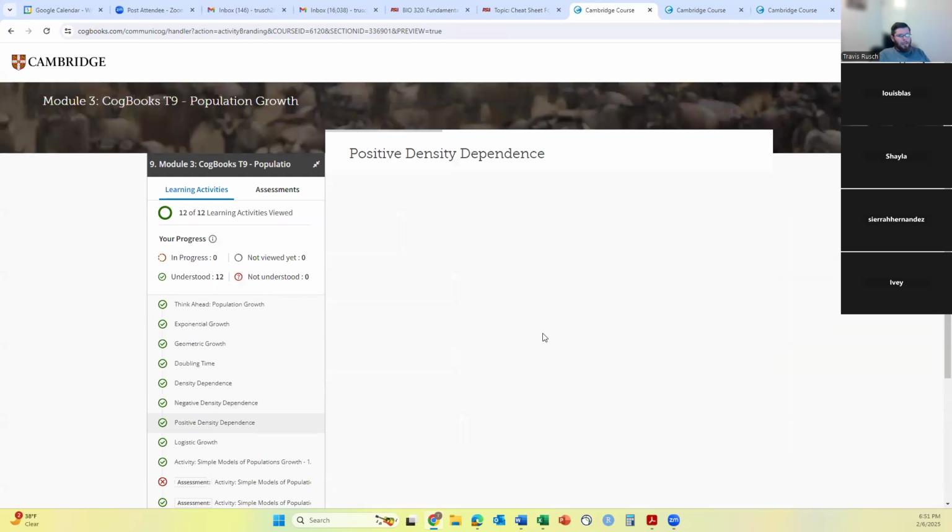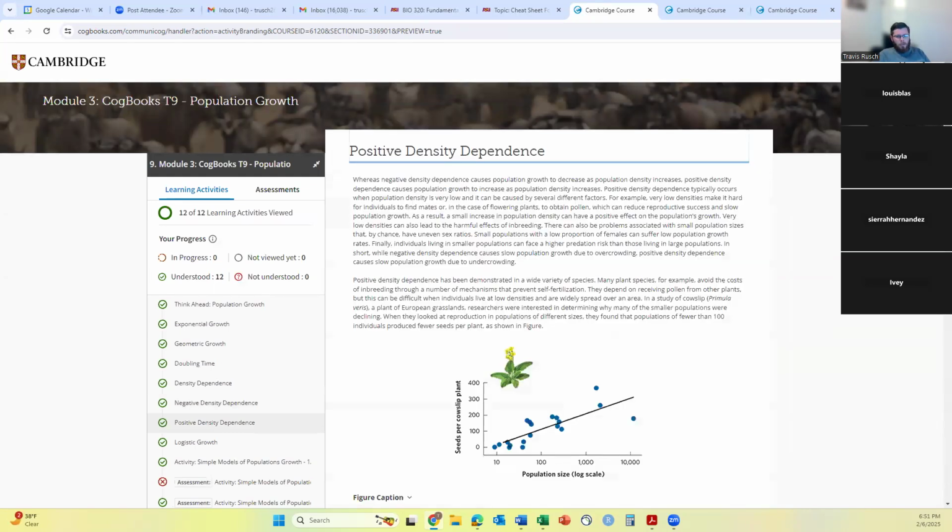Okay, and then we have positive density dependence, which has another name. They call it inverse density dependence or the Allee effect, because this occurs when the rate of population growth increases as the population density increases. So it's all positive versus being negative like the last one. When would be a good scenario when we would see positive density dependence?